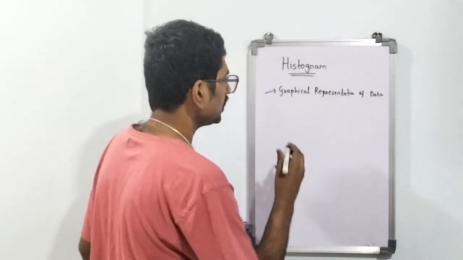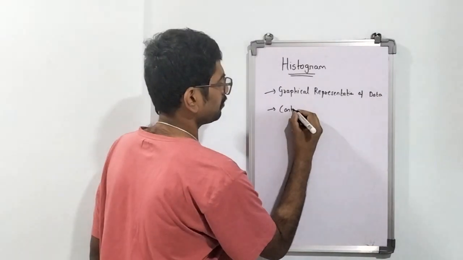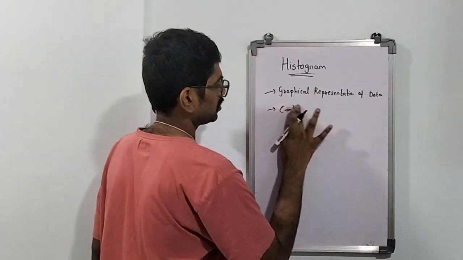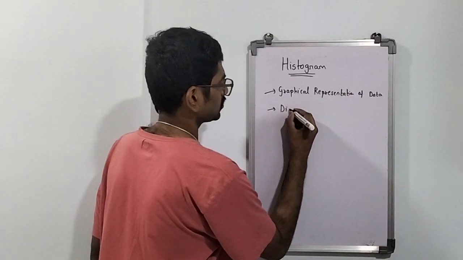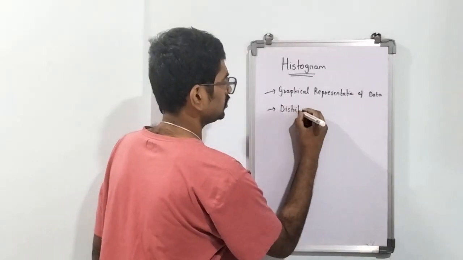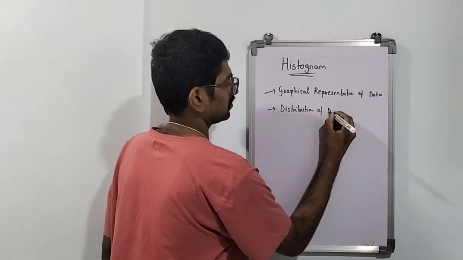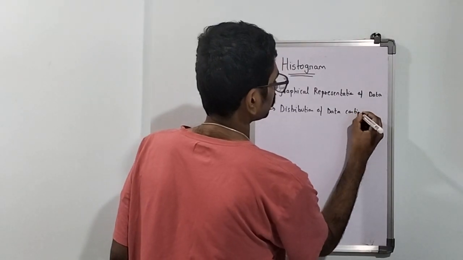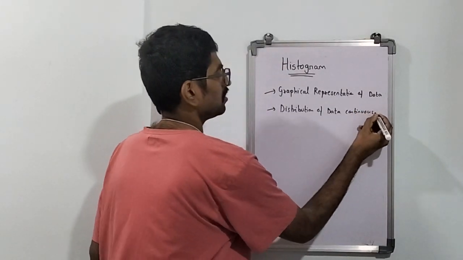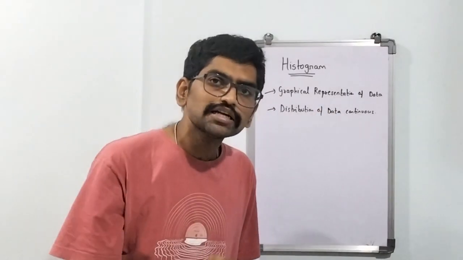Histogram represents the continuous distribution of data. Here the distribution of data is continuous. What does continuous mean? In a histogram the distribution of data is always continuous.